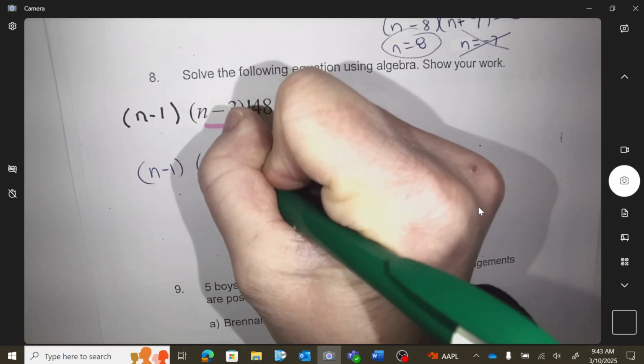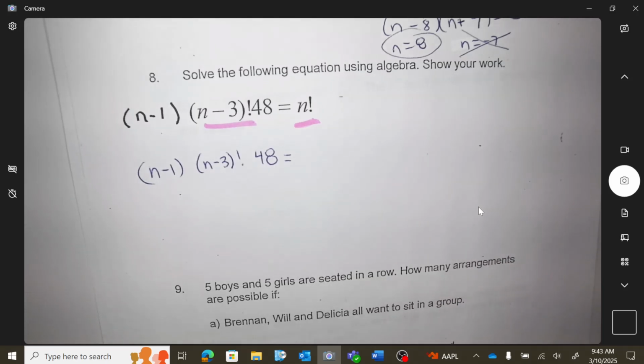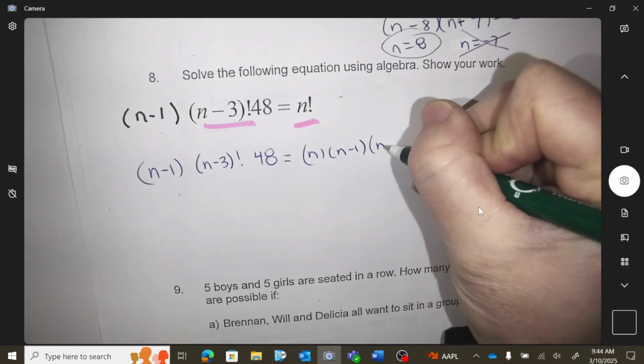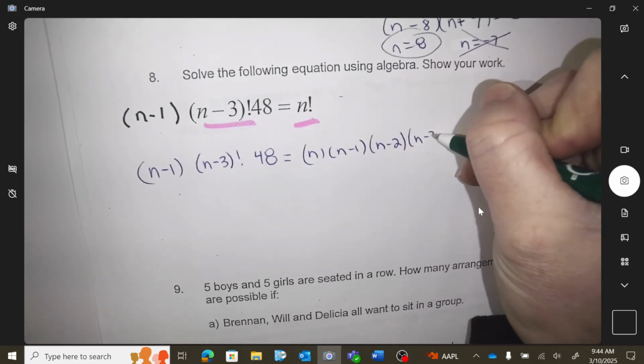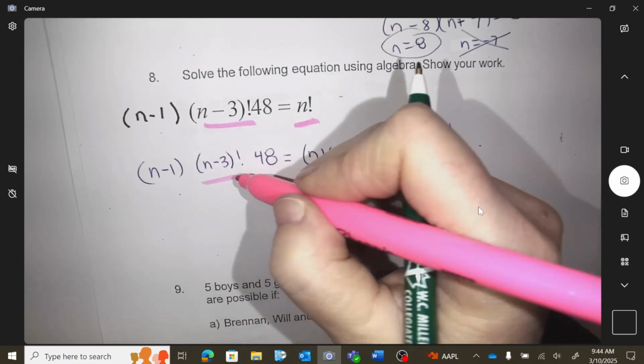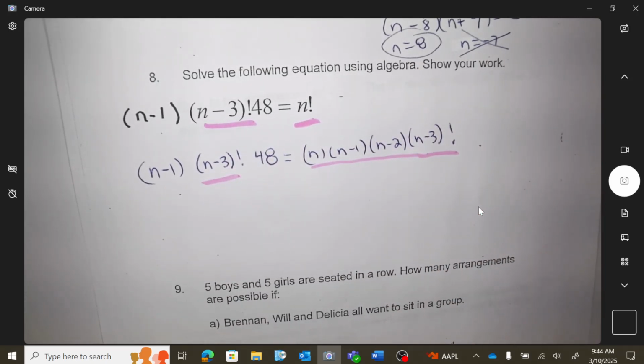So n is bigger than n minus 3, so I start with that. n minus 1, n minus 2, n minus 3, and beyond. So pair 2 factorials, expand the bigger one until you can stop your factorials and get rid of them.